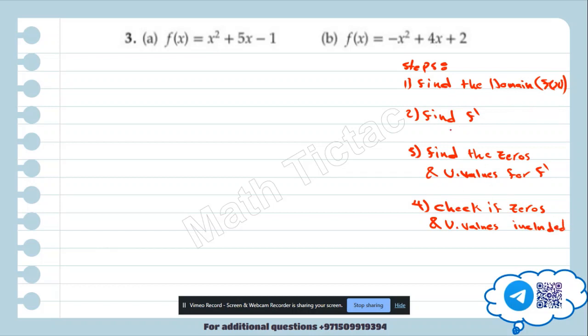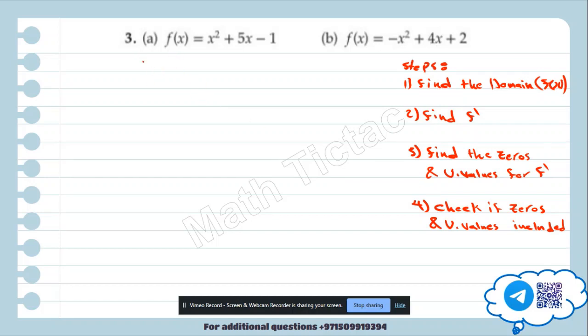So find the domain, then find f prime, find the zeros and the undefined values for f prime, then check if the zeros and the undefined values are included in your domain. If they are included in our domain, I will take them and consider them as critical numbers. If they are not included in the domain of the original function, I can't take them as critical numbers. And of course, we'll talk about that during solving the question.